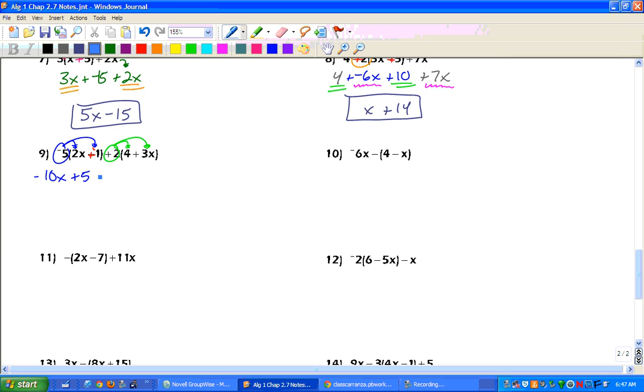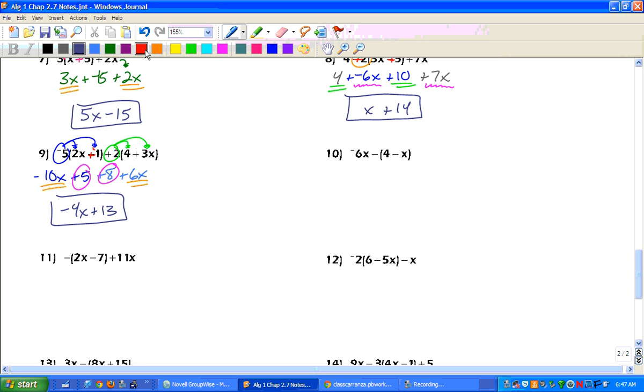Okay? Positive 2 times positive 4 gives you positive 8, and 2 times 3 gives you 6. Okay? Find the things that are the same, and then combine your like terms.